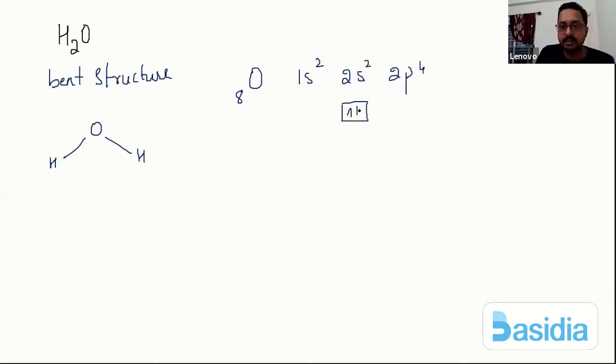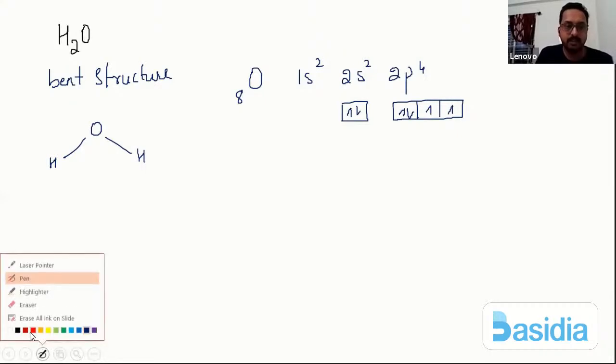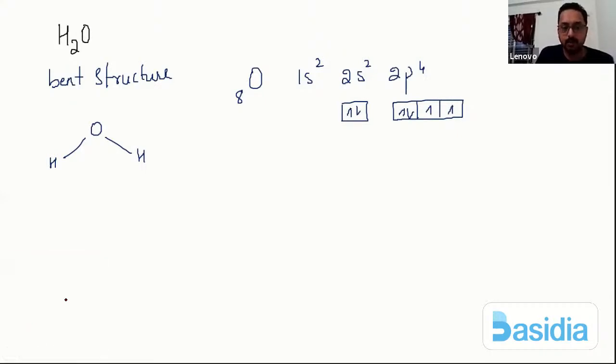So in the valence orbitals, we see 2 electrons over here, and in this case 2 electrons over here, 1 electron and 1 electron. So how many half-filled orbitals do we see? 2 half-filled orbitals. And one more thing I understand is that these two are our lone pairs.